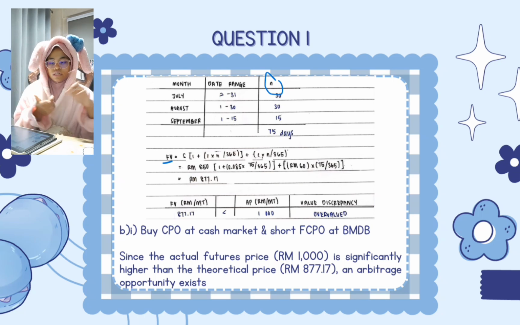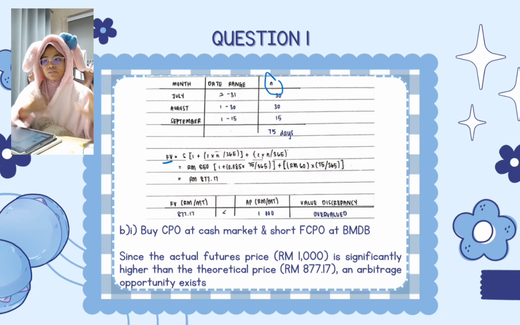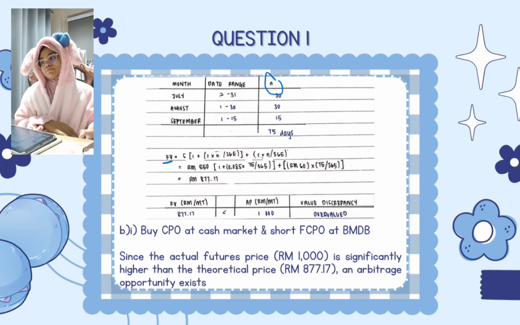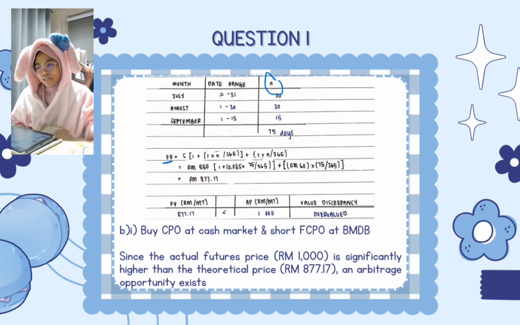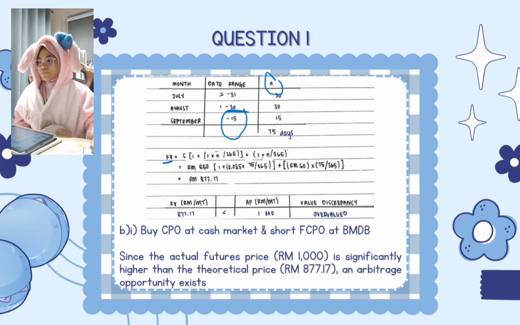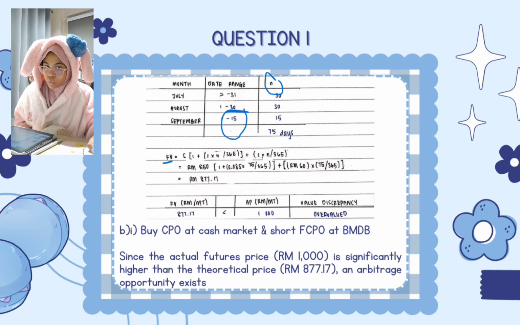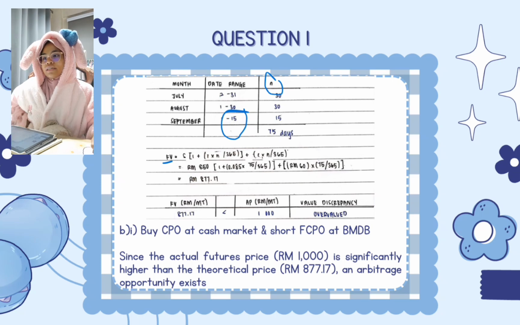So 30 plus 30 plus 15 equals 75 days. Okay, so why 15? Why here in September only 15? Because the last trading day for FCPO is the 15th.